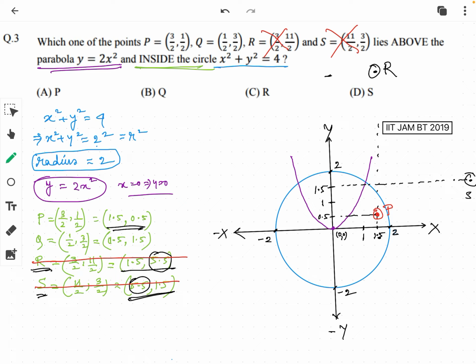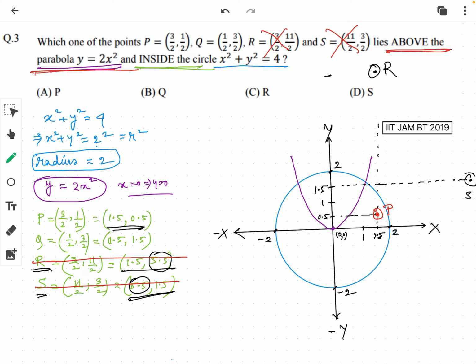But we want above the parabola. So let's see if our drawing is correct and if the point Q is above the parabola or not. If Q is above the parabola, then Q will be our answer, not P.